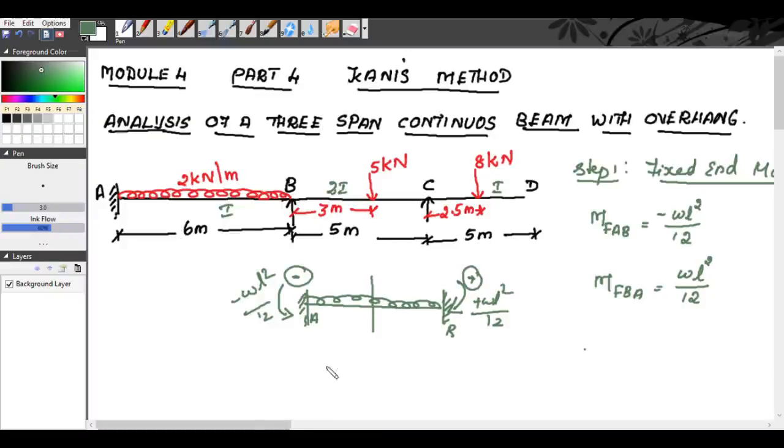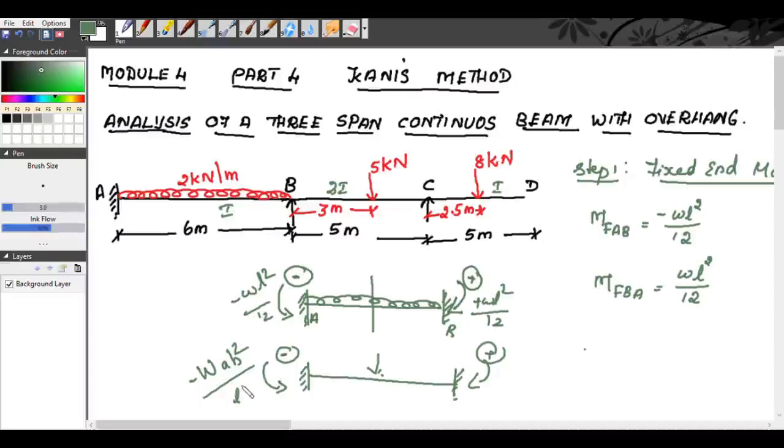Now, if it is a concentrated load, we will assume both ends are fixed. Therefore, the formula for determining the fixed end moments, at the left it is negative anti-clockwise and at the right clockwise it will be positive, and the formula will be equal to minus WAB square by L square, and here it will be plus WA square B by L square.